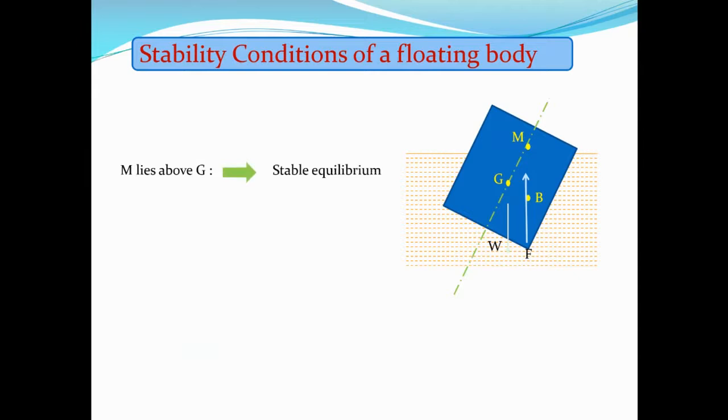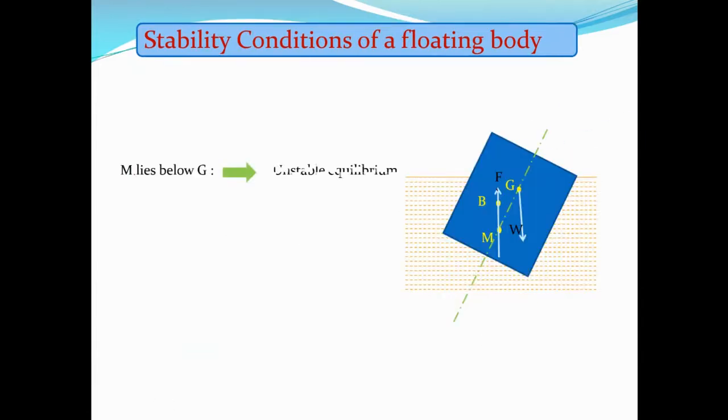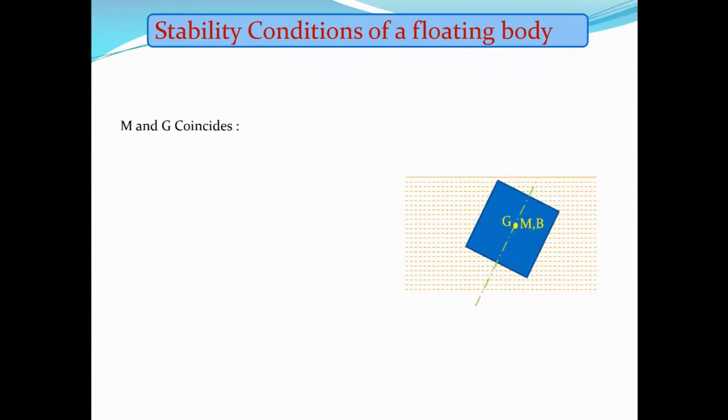Stability conditions: when M lies above G, M is positive. When M lies below G, it is unstable, and this we have shown with the ship figure. And when M and G coincide, we have neutral equilibrium, and in this case the metacentric height GM is 0.